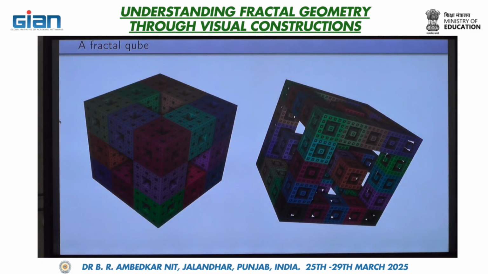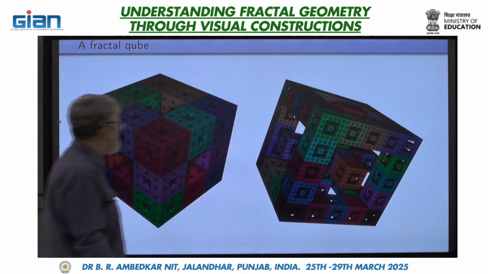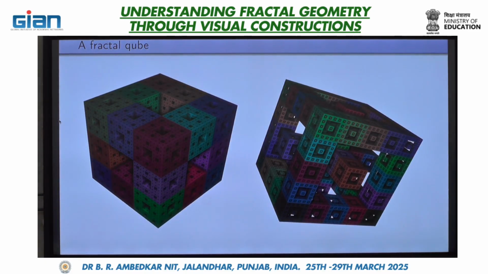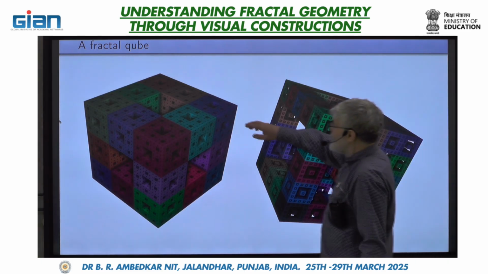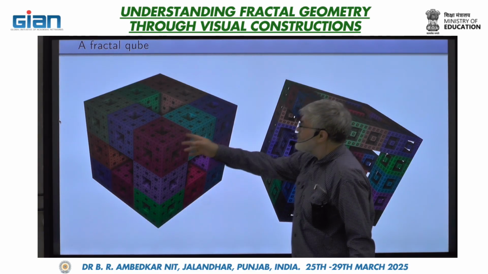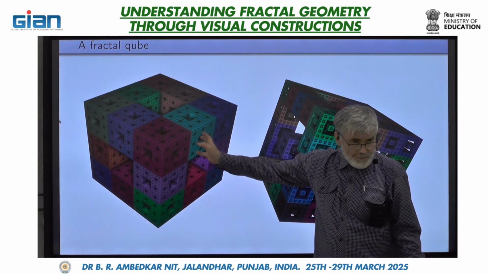So a fractal square is a special case of so-called fractal cubes, and fractal cubes can be made in all kinds of dimensions. One example of a fractal cube is very familiar to you. It's a Menger sponge.